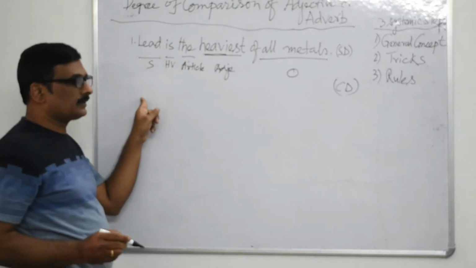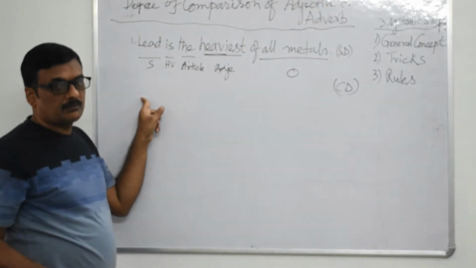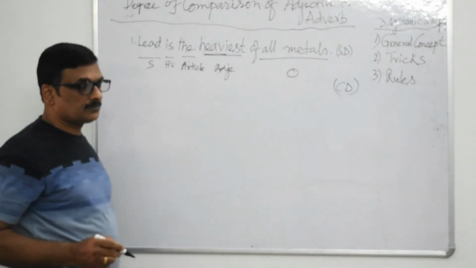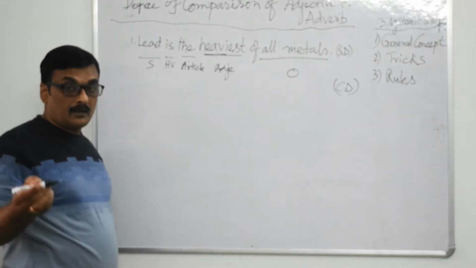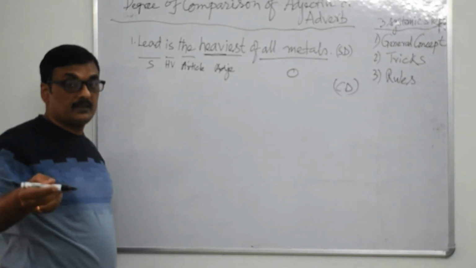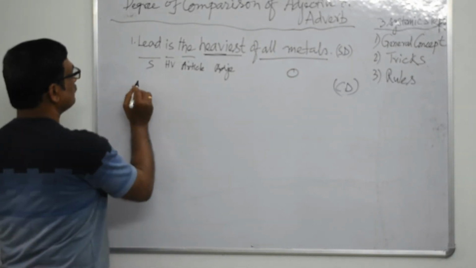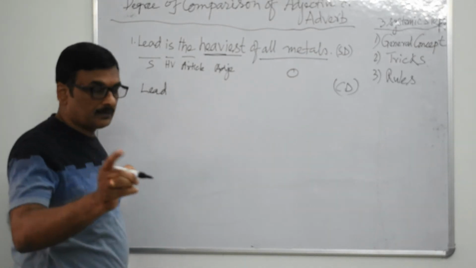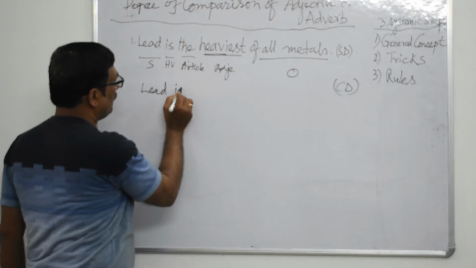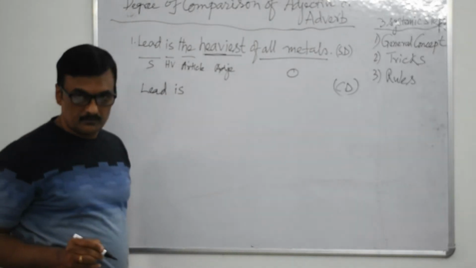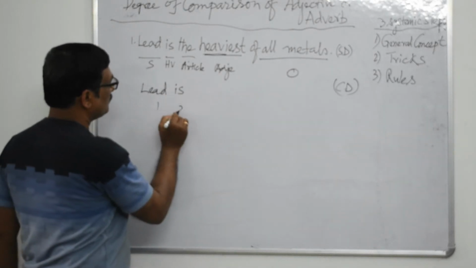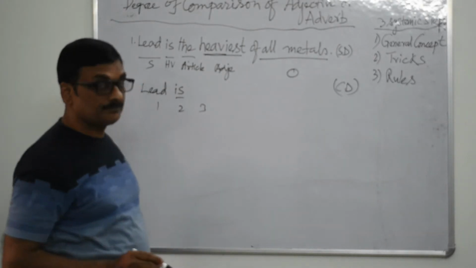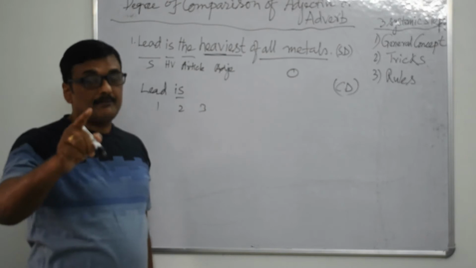The same subject goes to the place of the subject of the comparative degree. So lead. Next, number 2, the same helping verb or auxiliary verb will be used. This is number 1, this is number 2. Number 3, the comparative form of the adjective.